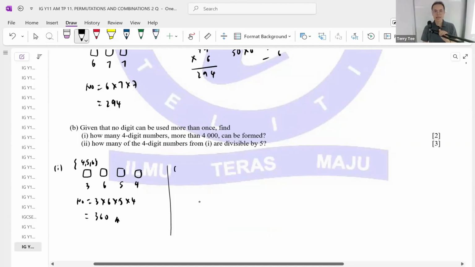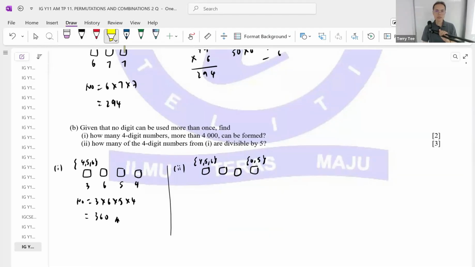Next. How many of these 4-digit numbers from part 1 are divisible by 5? Remember, when you say divisible by 5, you should end with 0 or 5. Now you have 4, 5, 6 here. This is a case where choosing 5 does affect the selection. If you choose 4 or 6, it doesn't affect the selection for the last digit.